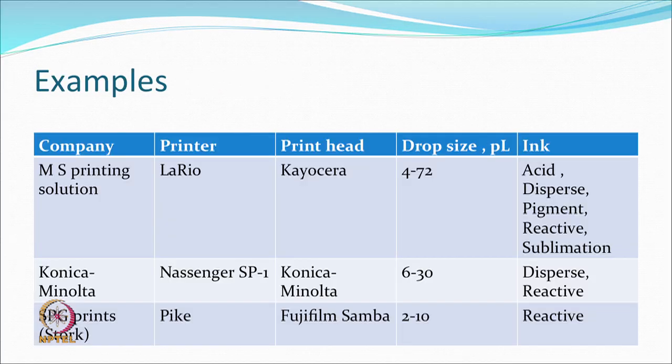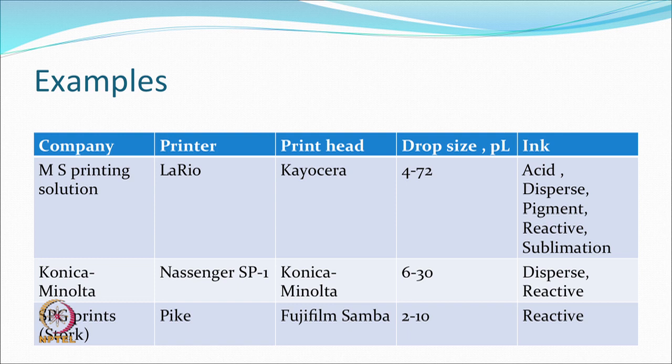And some examples are there. For example, a company at the bottom, say Stork, was one of the companies which was making printing machines anyway. They use a print head which is made by Fuji Film, and the ink that they use is reactive.